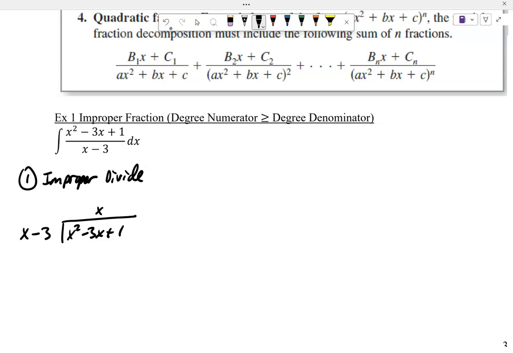Now let me multiply it through. X times x, x squared, x times negative 3, negative 3x. Don't forget that we always subtract this, right? We're subtracting the whole thing. In other words, we're changing each of those signs. And notice negative 3x plus 3x, that's also gone. And so we're just going to bring down the 1.